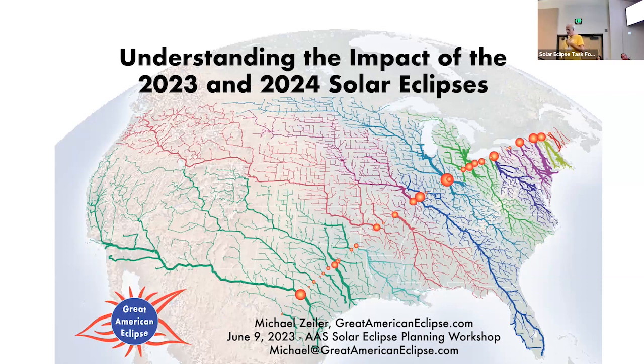I came up with a guesstimate that between one half of 1% and 2% of the population of Boulder would be moved to drive up for the eclipse.